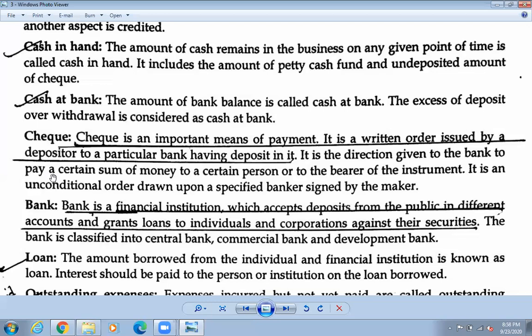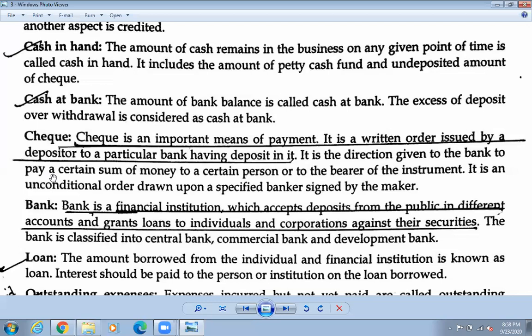Suppose Ram is going to give to Syam. Whose name do we write? Ram is the one who is going to give, and the name of Syam, to whom he is going to give, is what we write. Ram's name is already written on the check, at the bottom. If your parents have a check, you can see it there. Suppose your parent's name is Ram, then the name is written at the bottom. Whose name should be written at the top, the payee, the one to be given to?